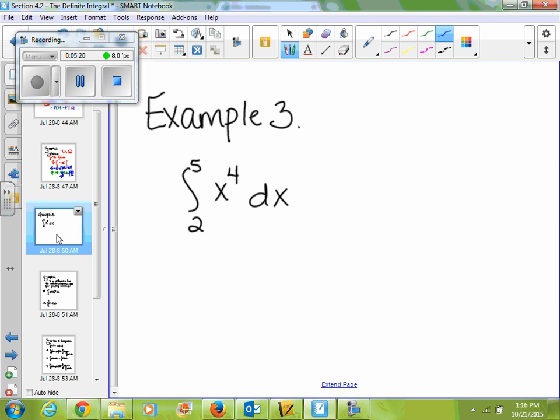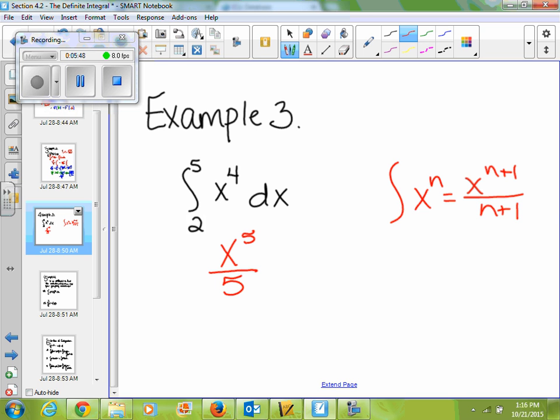Let's do the same thing for example 3, the integral from 2 to 5 of x to the 4th dx. Okay, so the integral of any x to the n is x to the n plus 1 divided by n plus 1. So if I do that for x to the 4th, 4 plus 1 is 5.